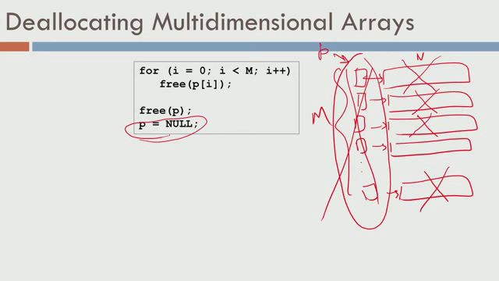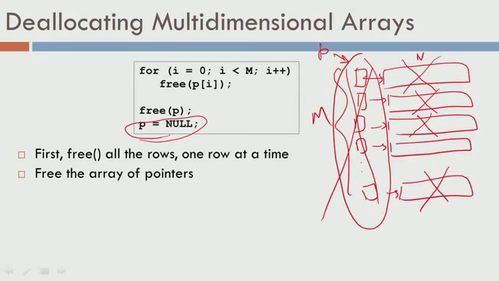So, essentially what you have is a sequence of steps. When you want to allocate two dimensional arrays, you first go and allocate a pointer to the basic data type, and you iterate over that one at a time and allocate rows. When you deallocate, you deallocate all the rows one at a time, and then you deallocate the array of pointers itself.